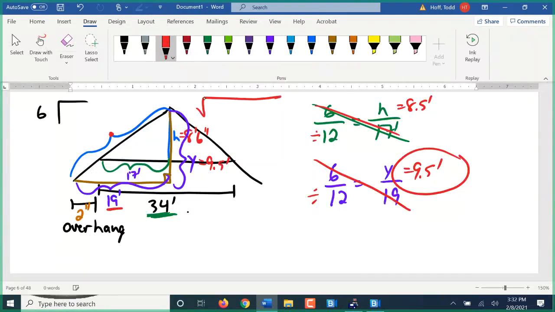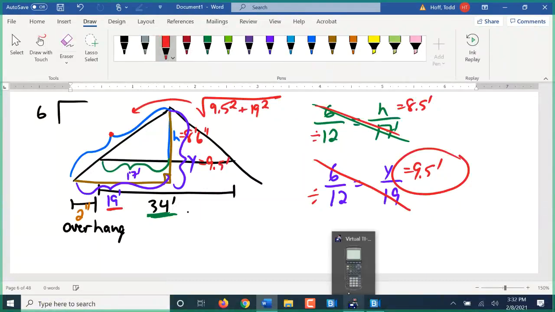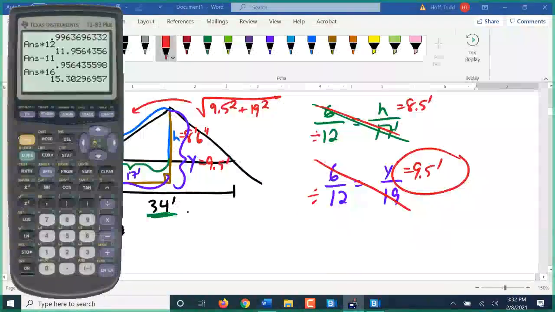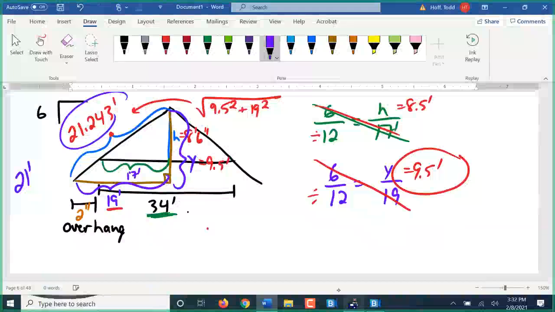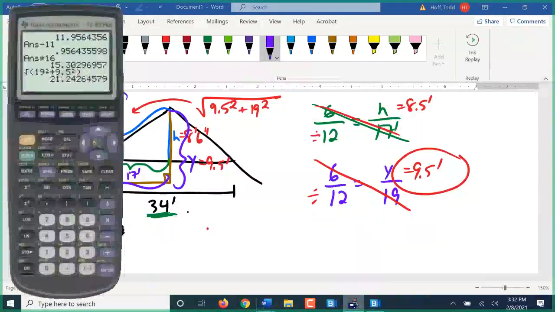Square root of 9.5 squared plus 19 squared gives us 21.243. It's going to be 21 almost 3 inches.